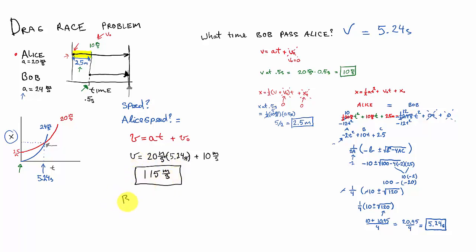What about Bob? What is Bob's speed? Or velocity? So, plug in same equation. However, this time Bob's acceleration is 24 meters per second squared, for 5.24 seconds.